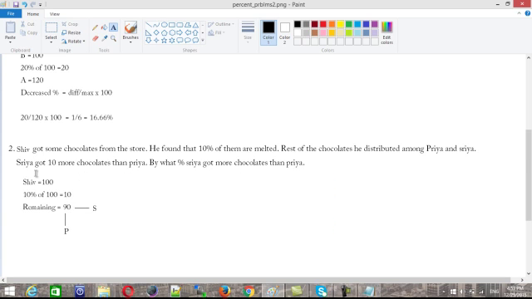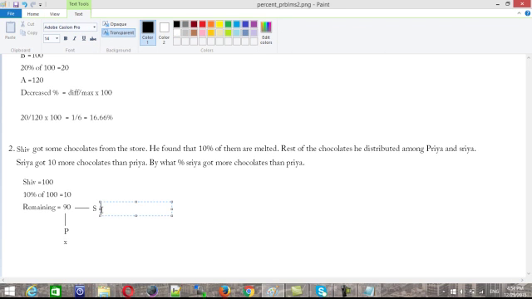And then he says Shriya got 10 more chocolates than Priya. So let us first assume that Priya got some X chocolates. We are assuming Priya's value as Shriya is dependent on Priya. So if Priya gets X chocolates, then Shriya gets 10 plus X chocolates.